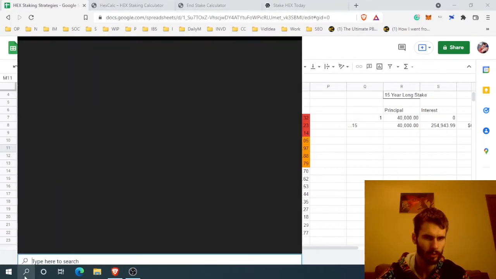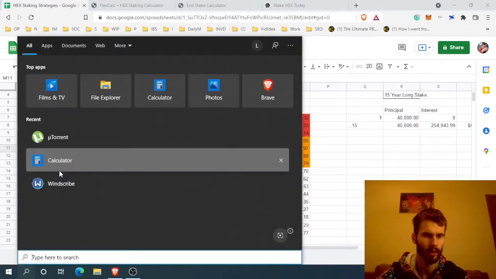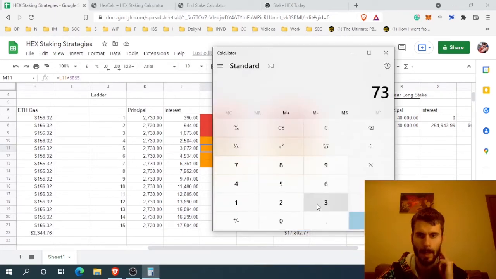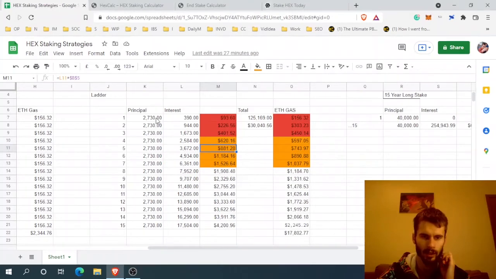Though, let's do a quick calculation. 2,730 Hex by the price that I'm calculating, so you would be investing $655 every single year. So yeah, that's not a lot of interest, and you would be losing money for the first 3 years.